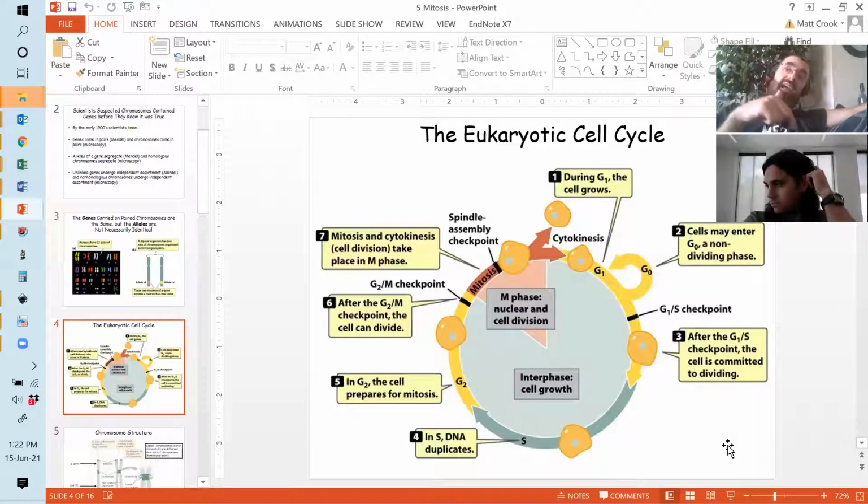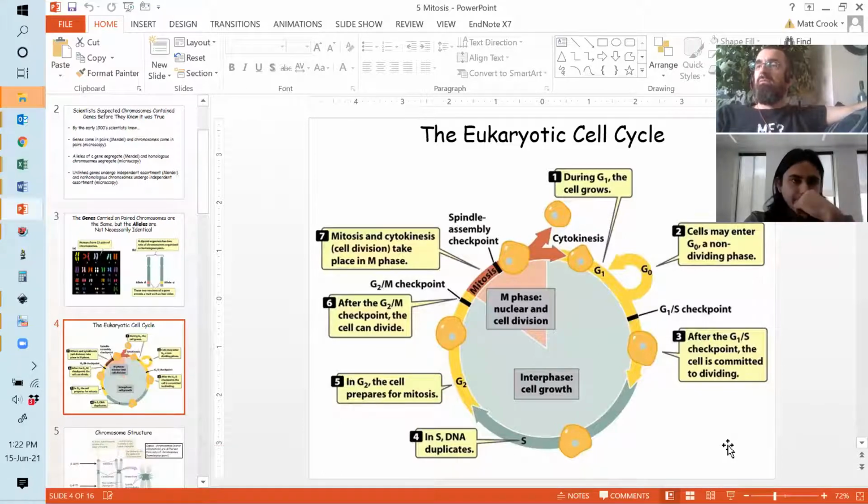They may re-enter cell division, say if there's a particular cue, like if you have a stem cell in your skin or your intestine, or if one of those signals gets turned on accidentally, which then leads to cancer. And then you go through 3 different phases, right? And these are all about preparing the cell for the last step, which is the M phase.